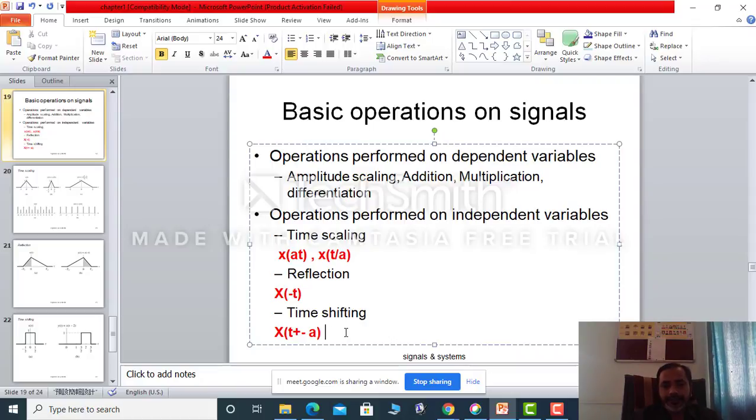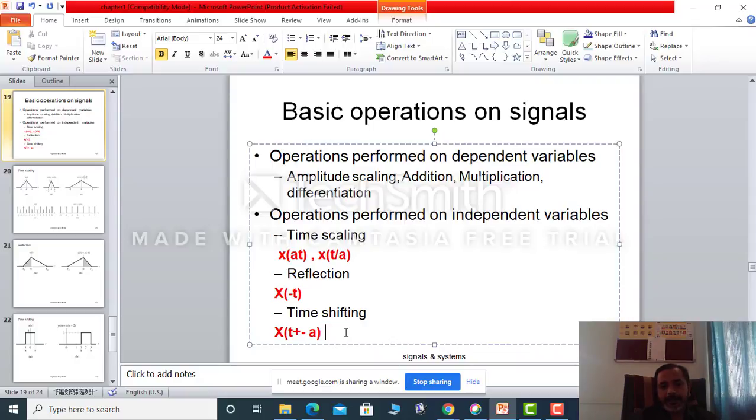If positive sign is present, shift the signal on left side of the time axis.